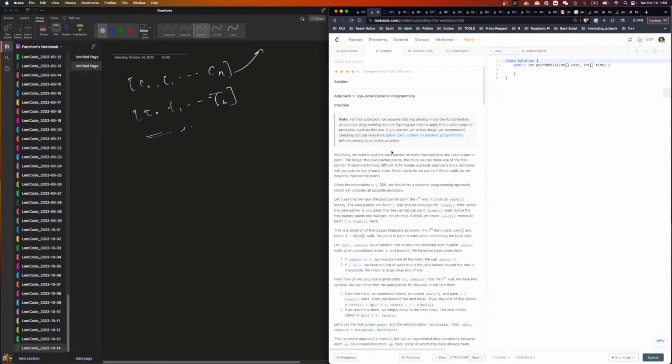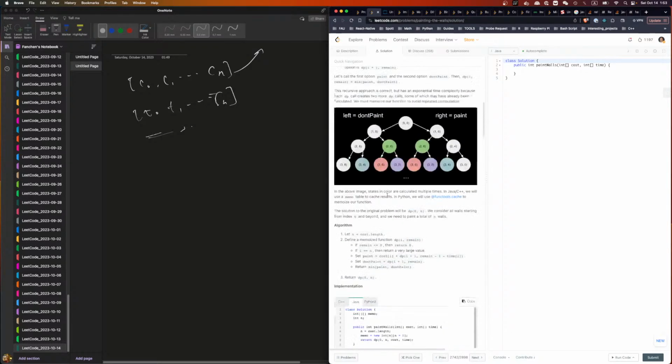I want to put the paid painter on walls that cost less and take longer, yeah. The longer the paid painter paints, the more we can make use of the free painter. What's the DP?